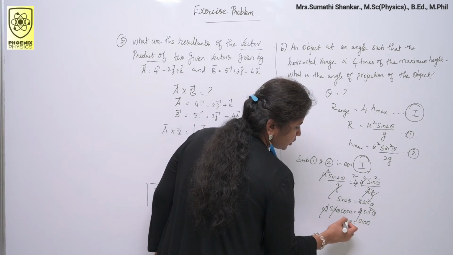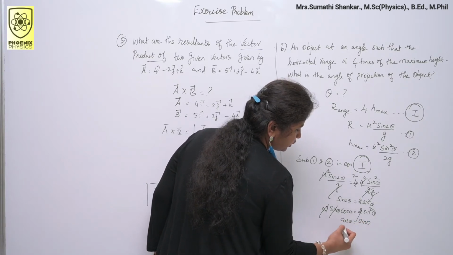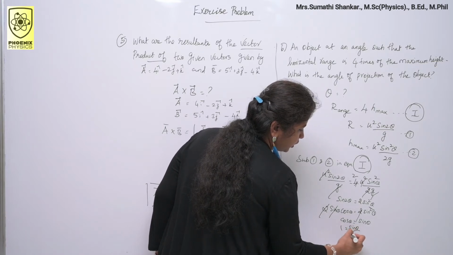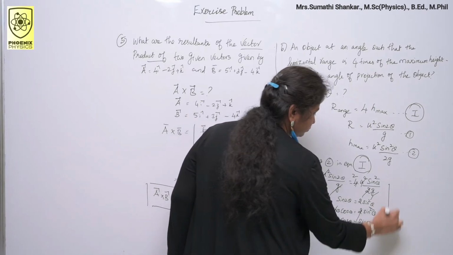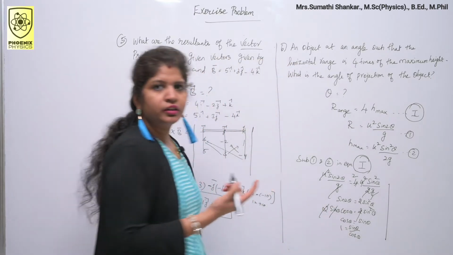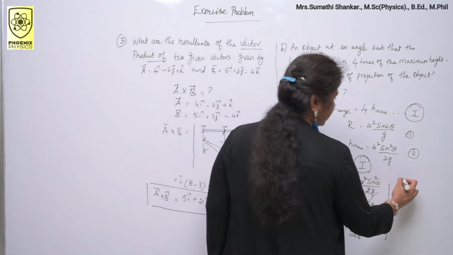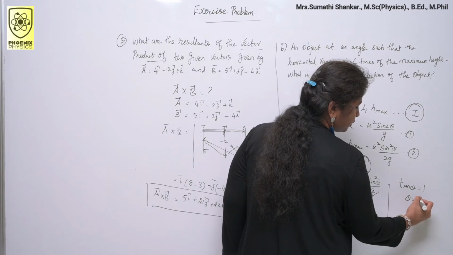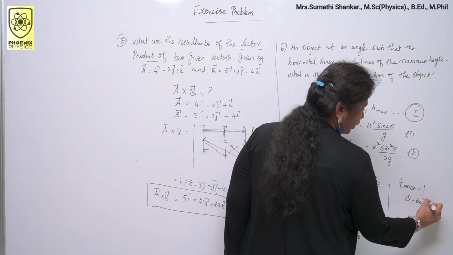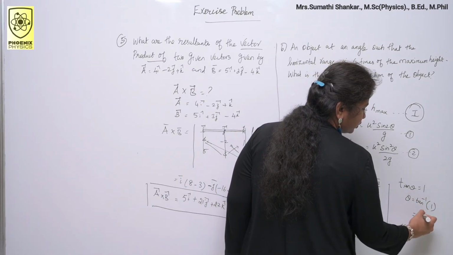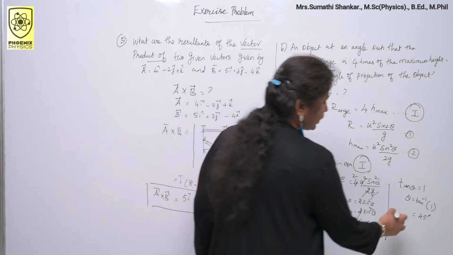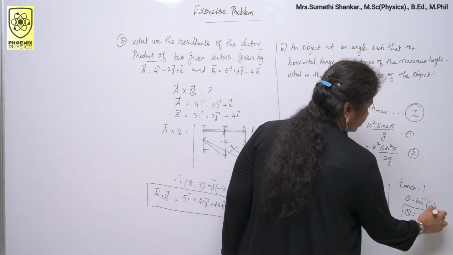You bring this cos theta to the denominator, so 1 is equal to sine theta divided by cos theta. Sine theta by cos theta is nothing but tan theta. Tan theta is equal to 1. To find theta, take tan inverse of 1. So tan 45 degree is 1, so your angle theta is equal to 45 degree.